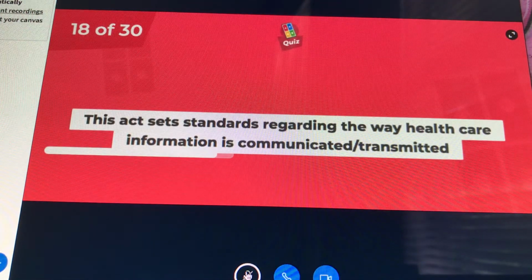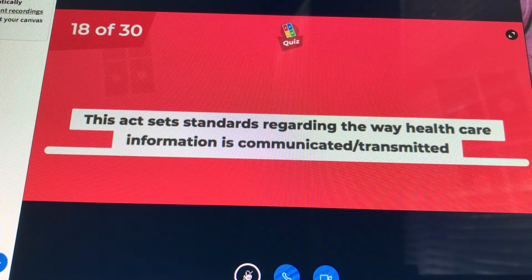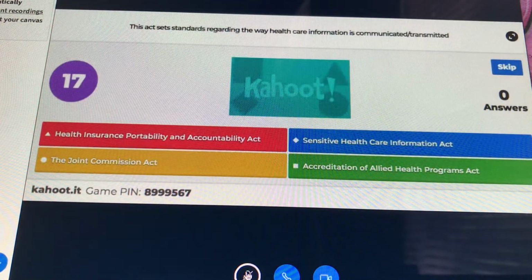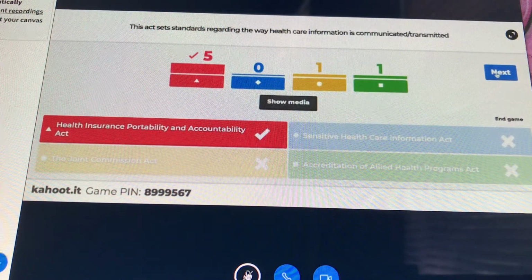This act sets standards regarding the way healthcare information is communicated and transmitted. That would be HIPAA. Good.